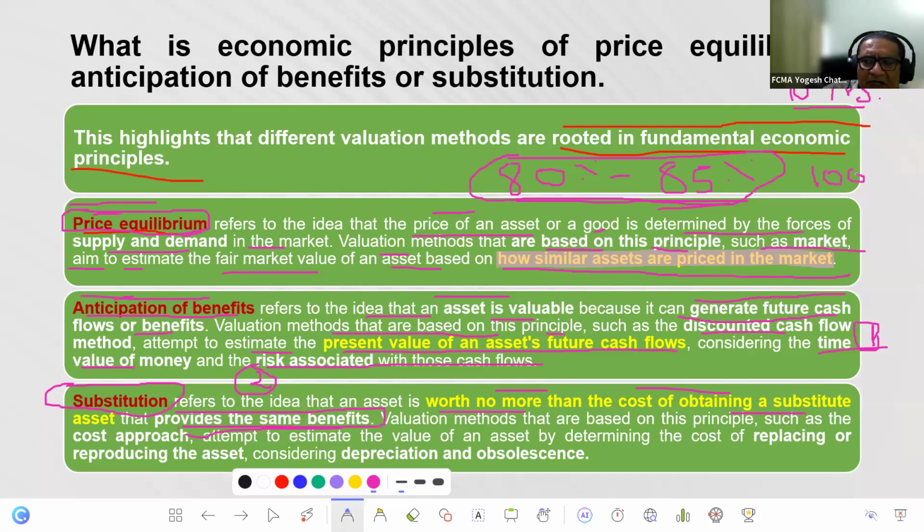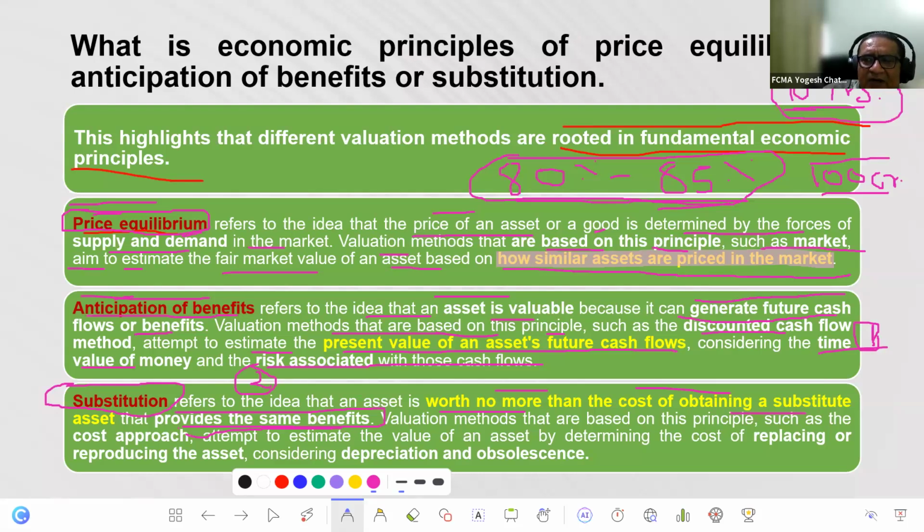You will not take this 100 crore as the replacement value of the building, because it is arrived at based on the prices prevailing as on today. So you need to consider the cost of construction material which was prevailing 10 years back.